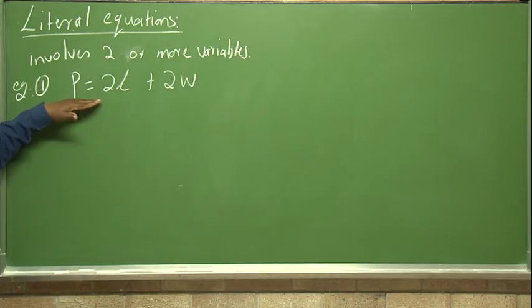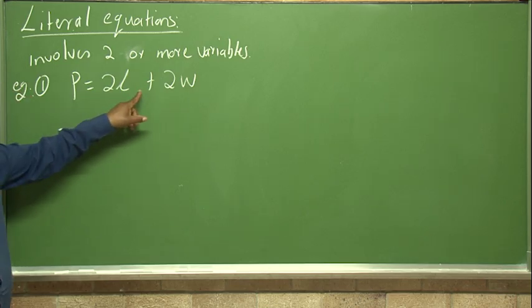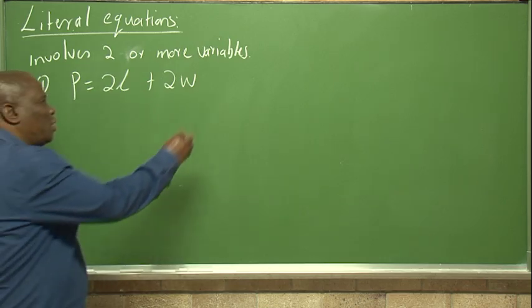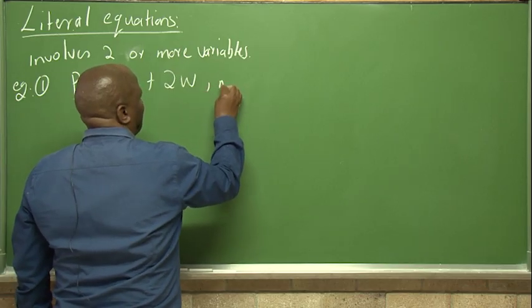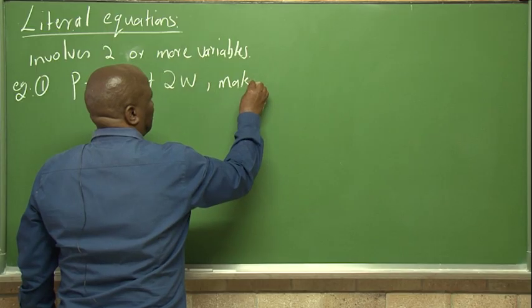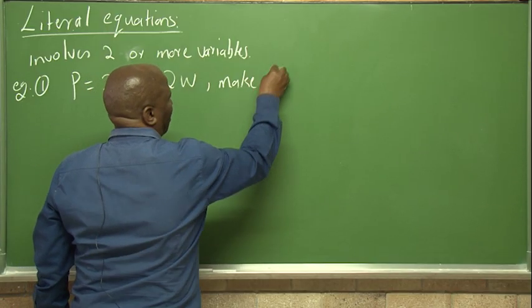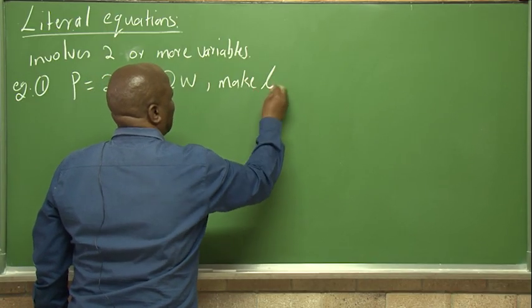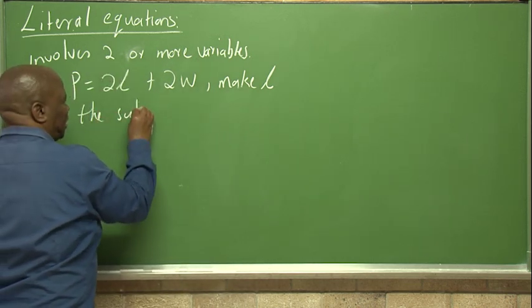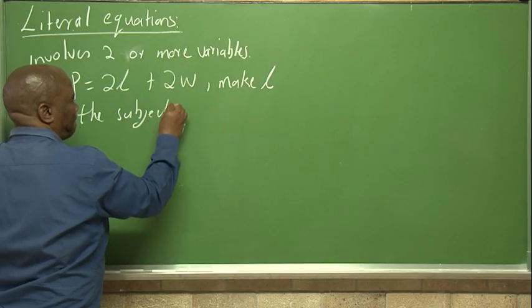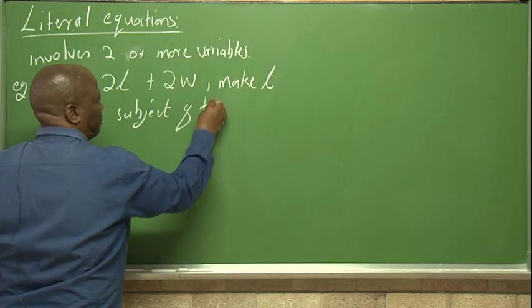If the equation is written like this, it means P is the subject of the formula. Now here, you've got P equals 2L plus 2W. The question can say: determine, find, or make L the subject of the formula.